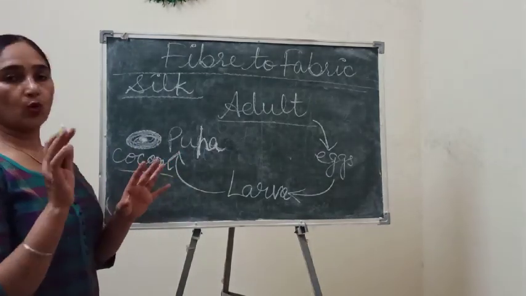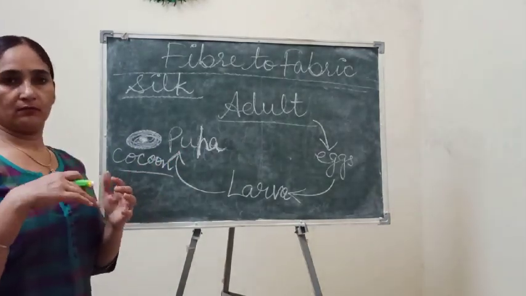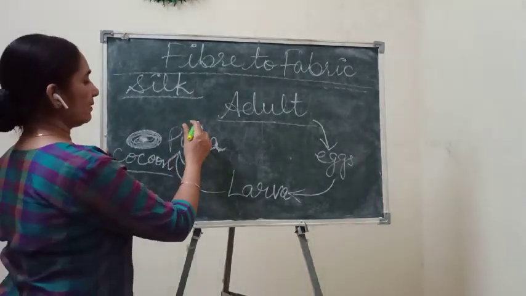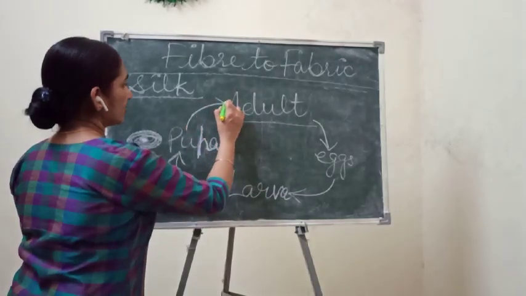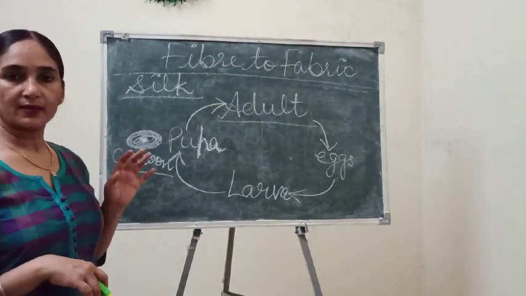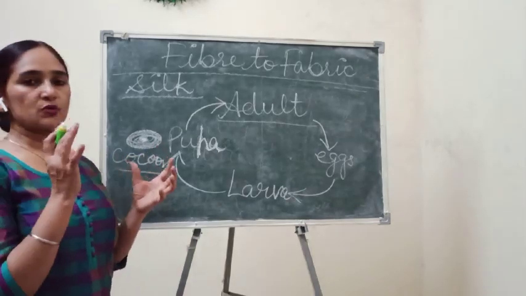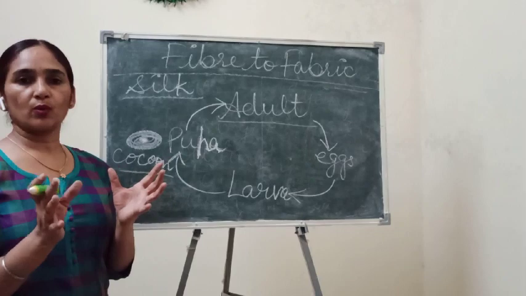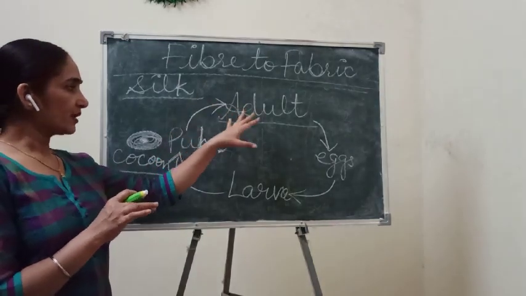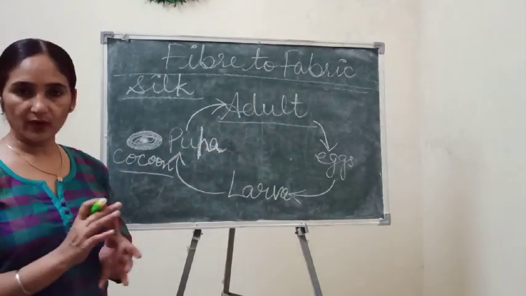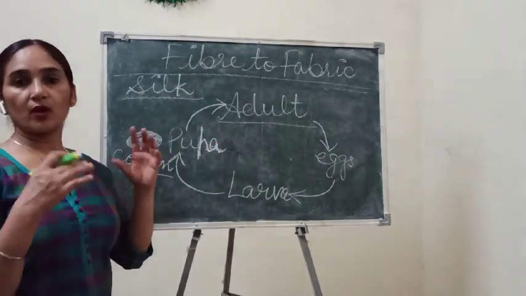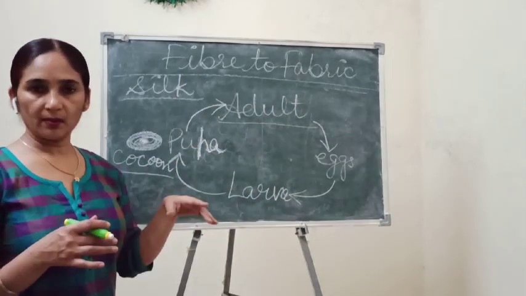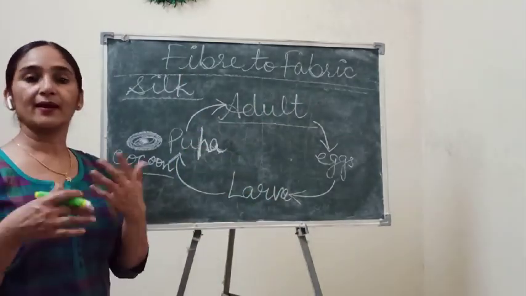Okay, and those pupae which are not collected by human beings will be converted into adults again. Understand? Because those people who are culturing these silk moths keep in mind that not all the pupae should be destroyed, because if they destroy all the pupae, then how will the adult form, how will the next generation come, and how will they get silk again.